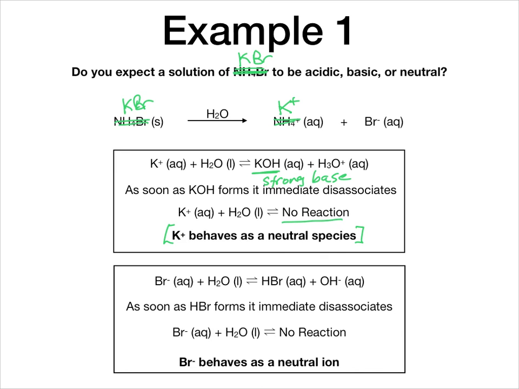And we have the same sort of thing with the bromide ion. The bromide ion plus water forms HBr, hydrobromic acid. That is a strong acid, which means that as soon as HBr forms, it immediately dissociates, giving us no reaction when bromide is dissolved in water, and so bromide behaves as a neutral ion.